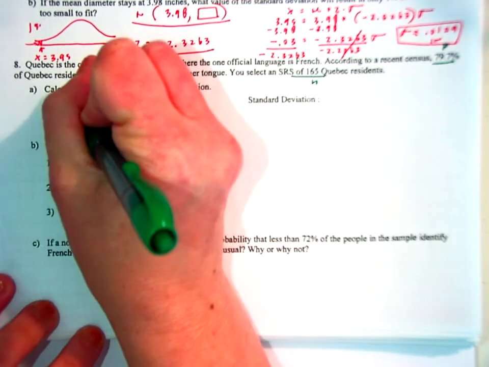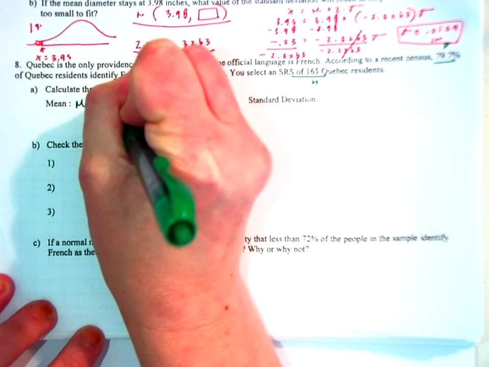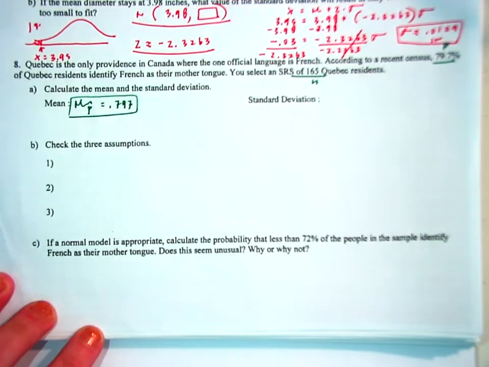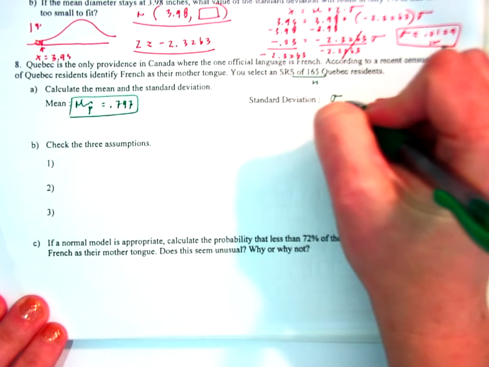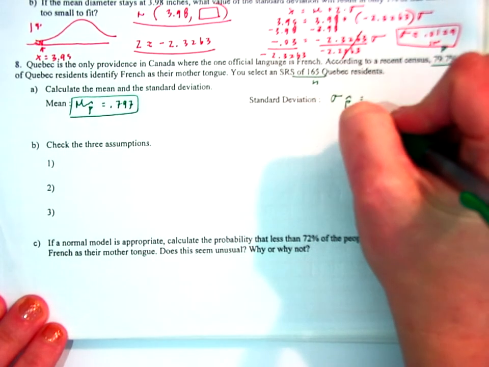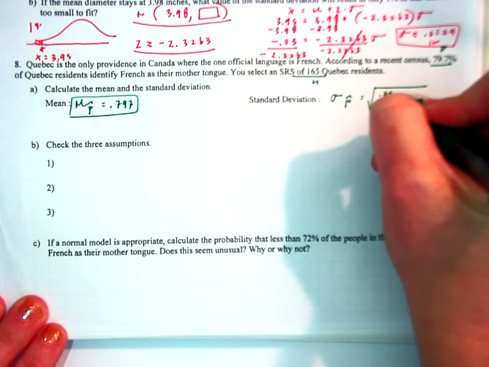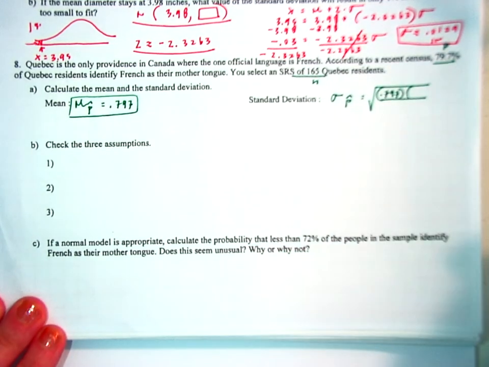So our mean is 0.797. I'm just writing it as a decimal. Okay, if you wrote it as a percent, again, no problem. Standard deviation. So P, 0.797. Q is the complement of P, so 0.203.